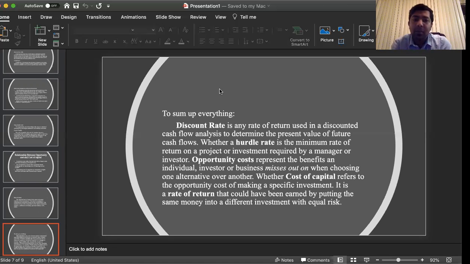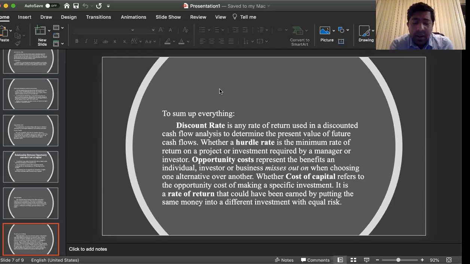For me, this is the most important slide in this presentation because we try to put all the points together as a part of the integration of all the points. So the discount rate is any rate of return used in a discounted cash flow analysis to determine the present value of future cash flow, whereas a hurdle rate is the minimum rate of return on a project or investment required by a manager or investor or the company.